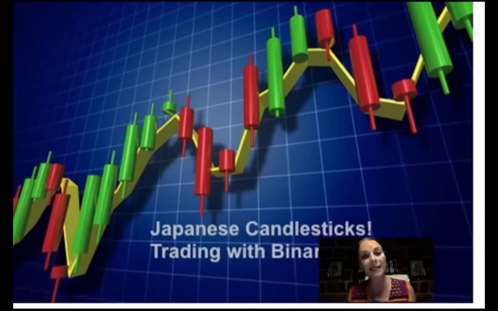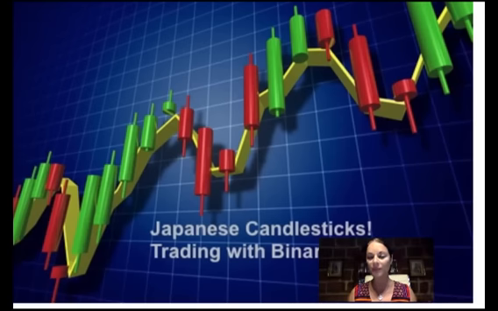Same about male candlesticks, or males as in human beings. You look at them, you know their genetics, you know where they're from, the color, and so on. So the characteristics of Japanese candlesticks are as important as when you look at another person. The way the shape is will tell you a lot about this particular session of trading.